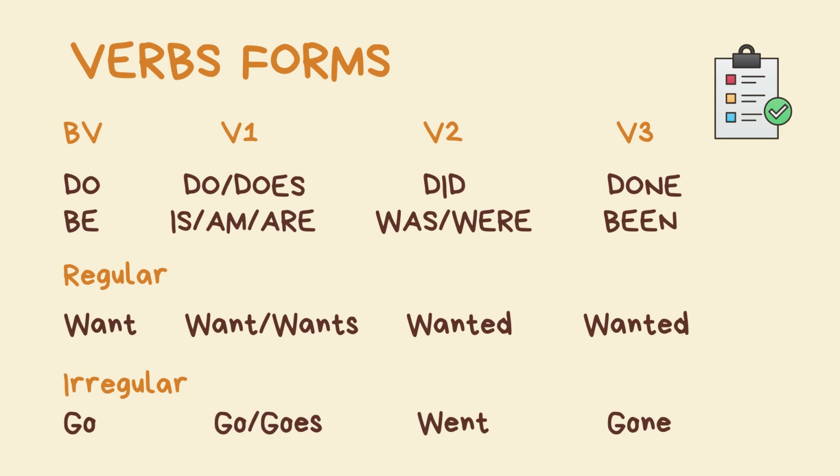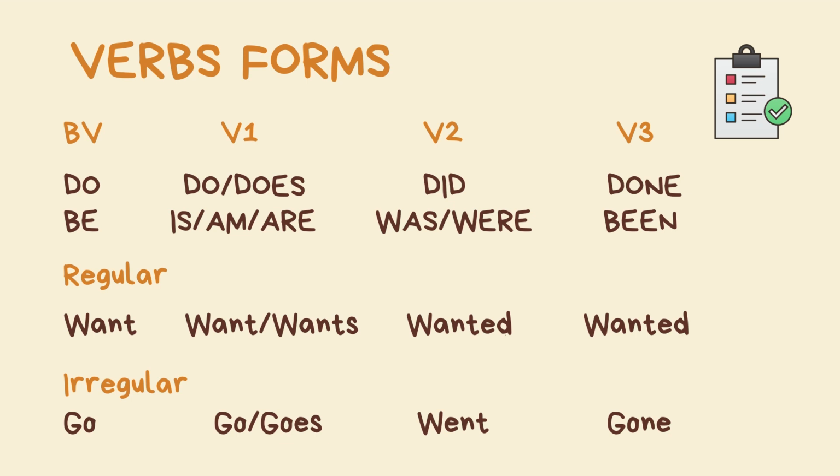There are actually four kinds of verb forms. The first is the base verb, which I simplify into BV. Then verb 1 represents the present verb, verb 2 represents the past verb, and verb 3 is the past participle.